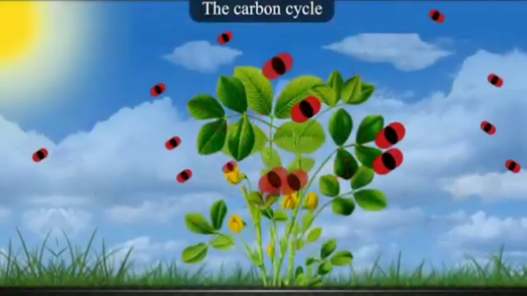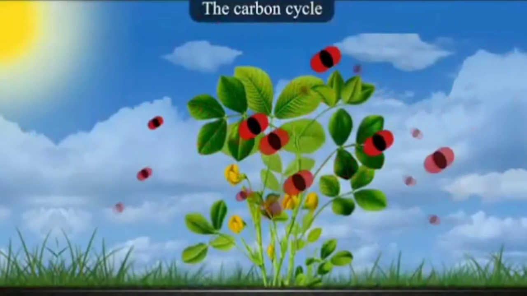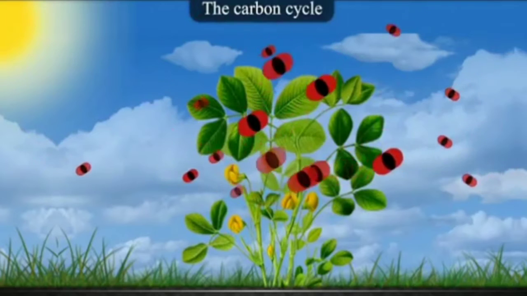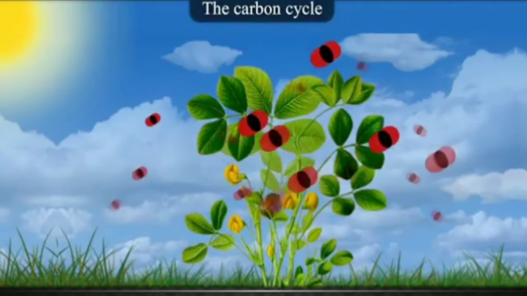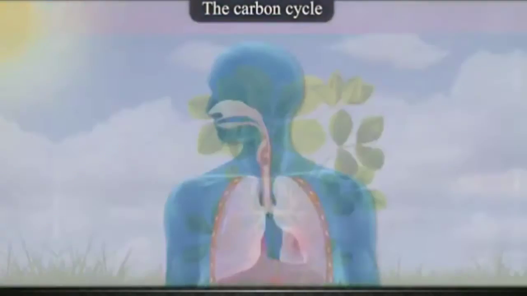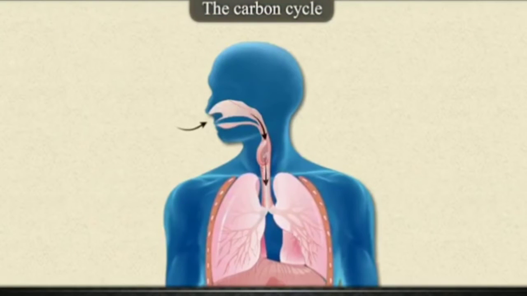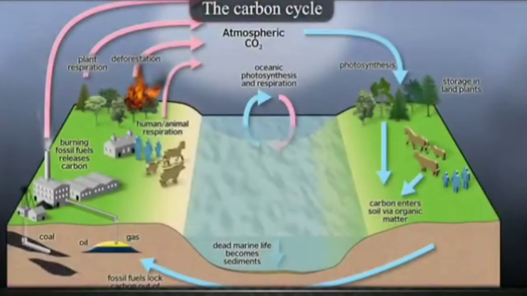Abiotic carbon atoms are circulated and recycled into biotic form, mainly through photosynthesis and respiration. Hence, the carbon cycle is one of the important biogeochemical cycles. Are you getting me, children?